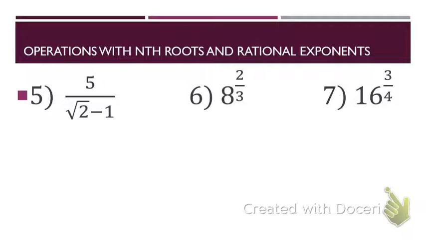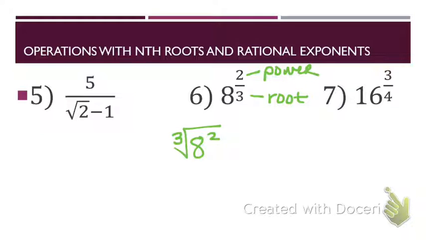So for question number 6, remember that the numerator is the power whenever you have a fraction, and the 3 would be a root. So what this is saying is take the cube root of 8 squared. That's another way to write that in radical form. And what is 8 squared? 64.